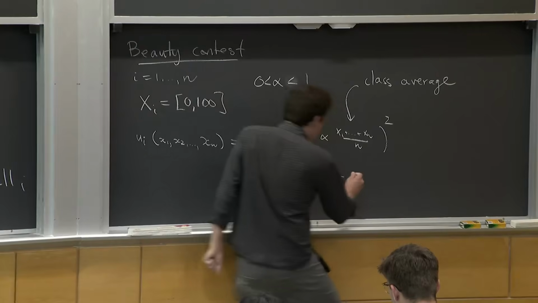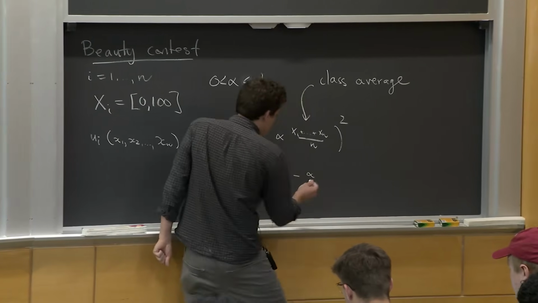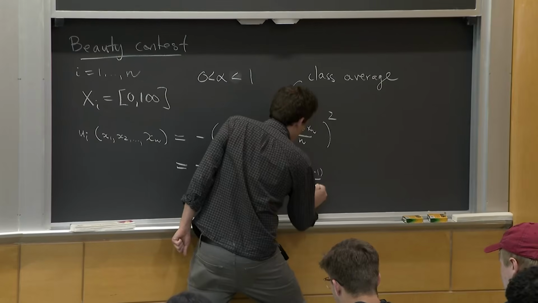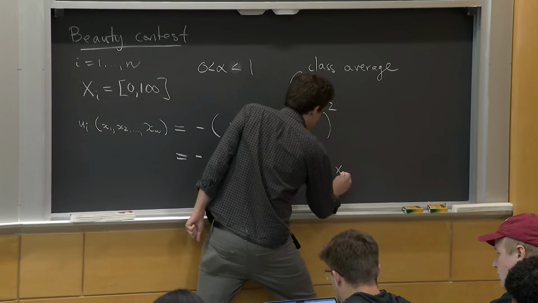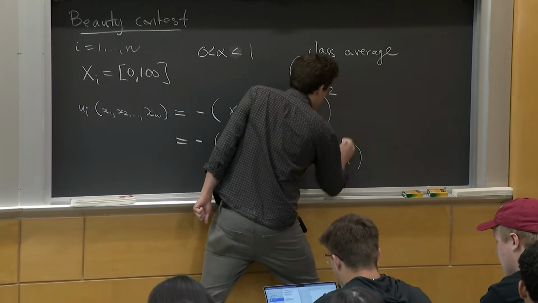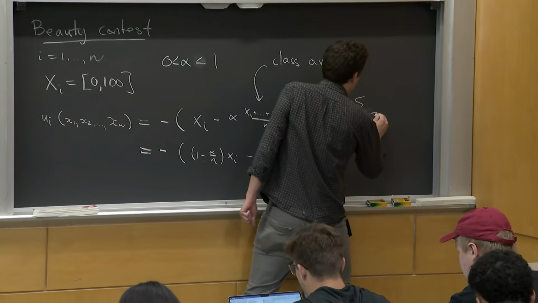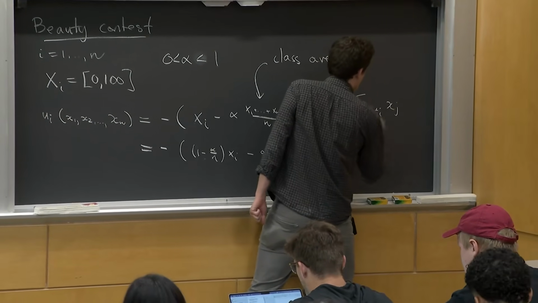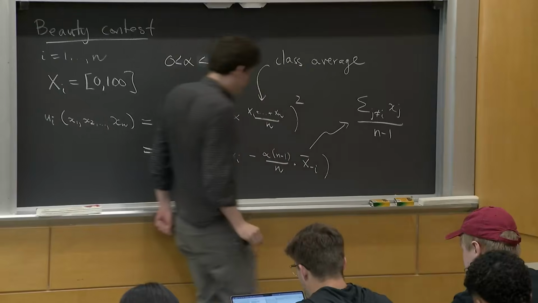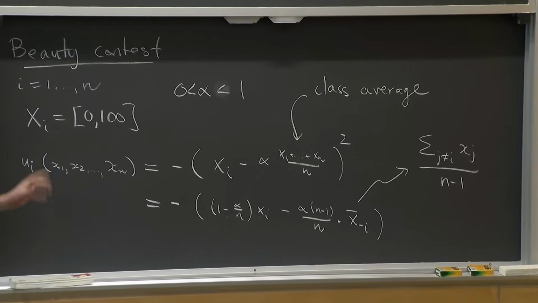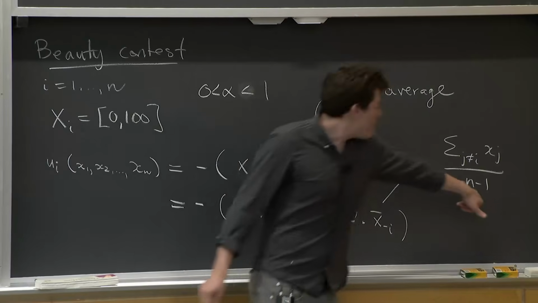So let's write this as alpha times (n minus 1) over n times x negative i bar, where this is the sum over everyone but me divided by n minus 1. So all I've done is multiplied and divided by n minus 1. It's a little algebra here, but I divided by n minus 1 here.